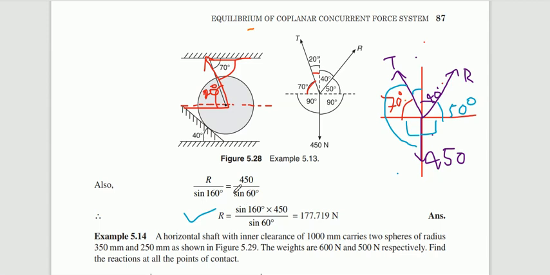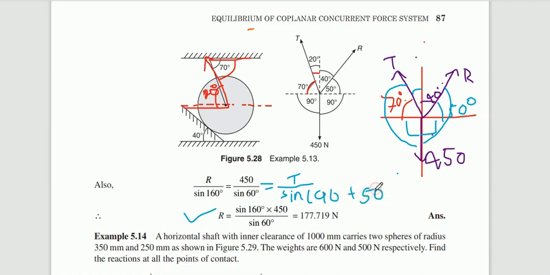Here only the R value has been calculated. Similarly you have to apply it for T also. T is a force divided by sine of the angle between the other two forces. What is the opposite angle for this? That is 90 plus 50. The opposite angle of T, that is between the other two forces, is 90 plus 50.